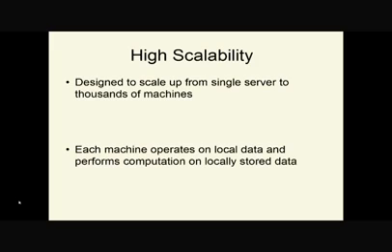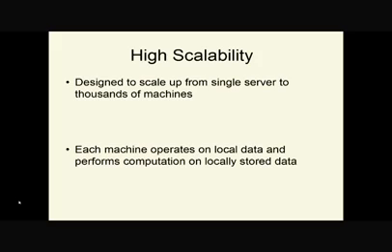Now, how can Hadoop scale to process such massive data? It does parallel distributed processing of data. Hadoop splits the data into smaller chunks and stores these chunks locally on different machines in a Hadoop cluster.